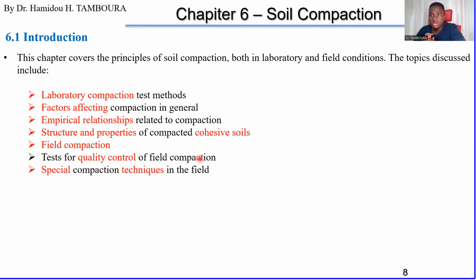What are the procedures you use, or the company in charge of quality control uses, to control if the compaction is okay or not? So you need to know that also. And also special compaction techniques in the field. There are some very special techniques for compaction. So we will discuss these points in this chapter, okay?